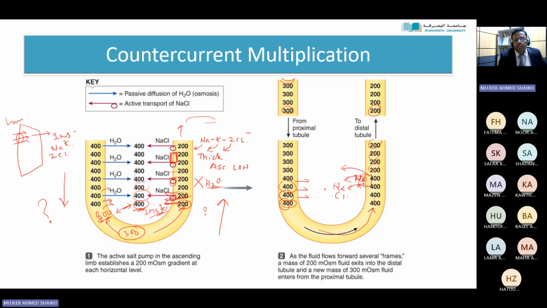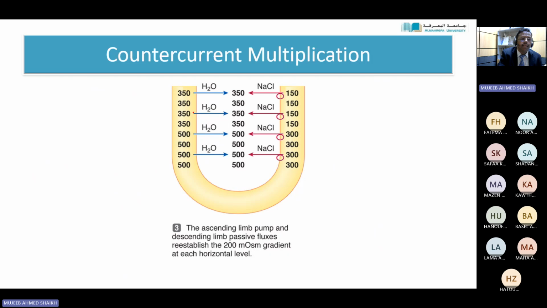Let's say 200 osmoles are removed. So 200 osmoles will be here and it will go into the next segment. This is how it will go on every time: from 350 water will move, it will become concentrated. When this concentrated solution comes here, it will move many of the solutes. So the interstitium will become hyperosmolar.